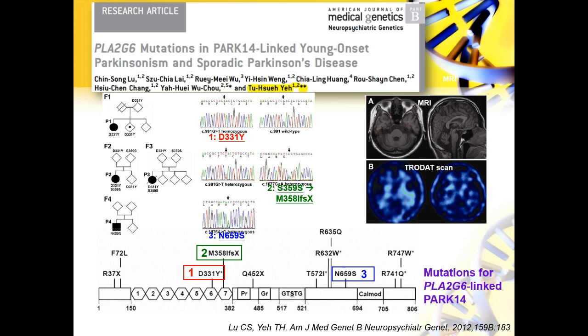In our 2012 study, we identified 4 PARK14 patients with PLA2G6 mutations. The D331Y is the most common genetic variant. The patients had abnormal dopamine transporter scan and some cases had atrophy of cerebellum.